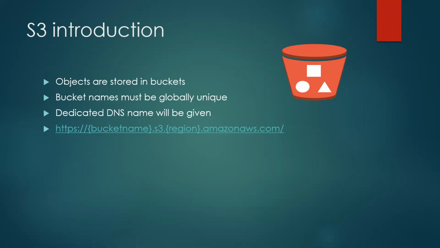Essentially, a bucket is like a folder. That's where you store all the objects, and bucket names must be globally unique. Bucket names are shared across all the AWS accounts. That's why you don't get popular bucket names, something like images. If you're looking for a bucket name called images, that's probably taken on day one of S3's introduction, probably in 2003.